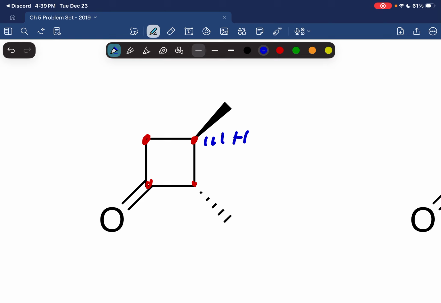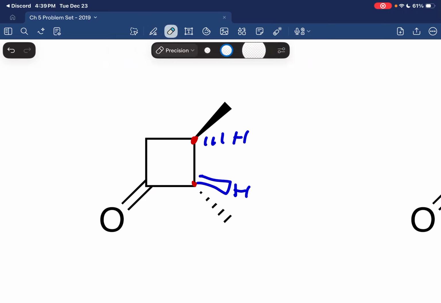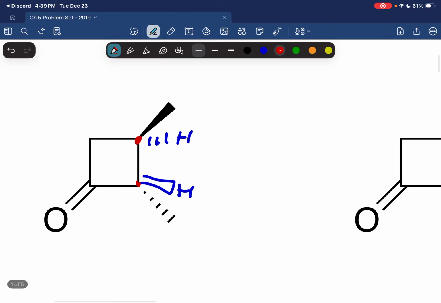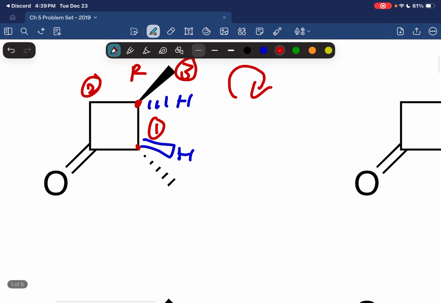Again, dashed hydrogen, wedged hydrogen. Okay, so what we could tell is we have 2 chiral centers. I'm going to erase this so we don't get confused. So we have CH3, and then we have our C. So I would say 1st priority, 2nd priority, and 3rd priority, which means we would go this way, which would mean this is clockwise, so this would be R. And then this part, we have our high priority over here, and then our 2nd over here, 3rd over there, so boom.